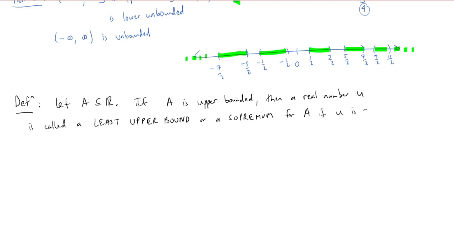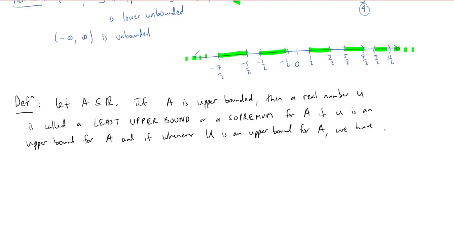So if U is an upper bound for A, and whenever capital U is an upper bound for A, we have that little u is less than or equal to big U. Okay, so of all of the upper bounds, little u is the smallest of them.